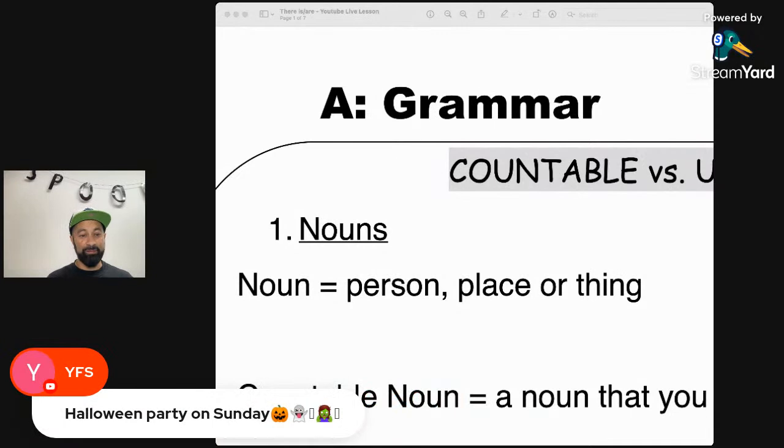YFS, Halloween party on Sunday. Nice. Me too, I'm also having a Halloween party on Sunday. Well, kind of a Halloween party. In Tokyo, at least my neighborhood does celebrate Halloween, so it is nice. I'll probably do it on Sunday because that's what my town is doing, but I'm assuming there'll be something on Tuesday as well, which is the actual Halloween day.